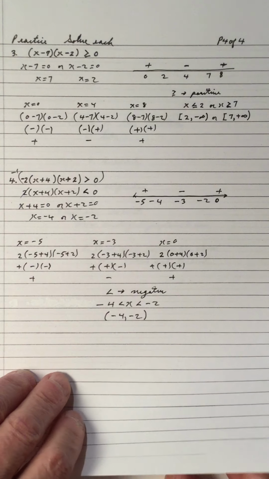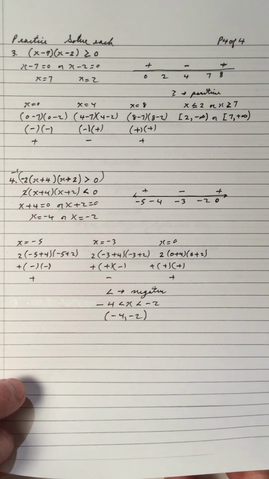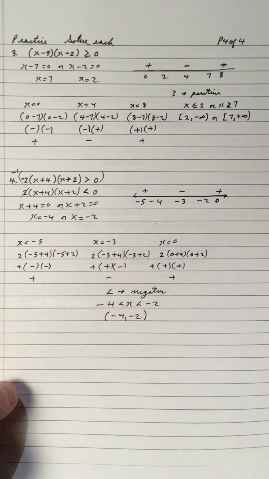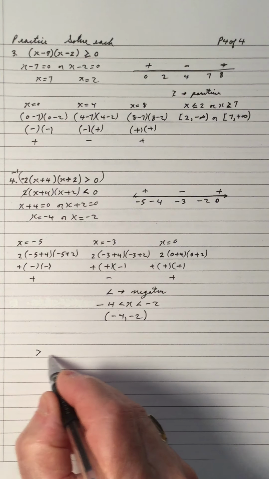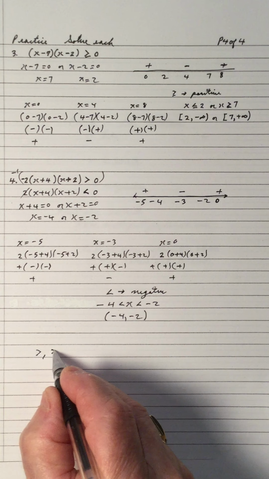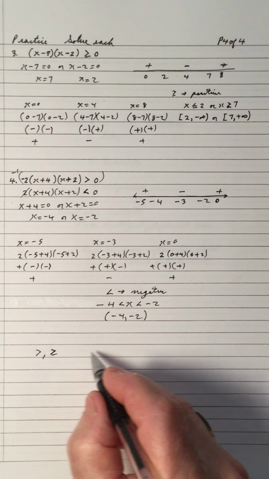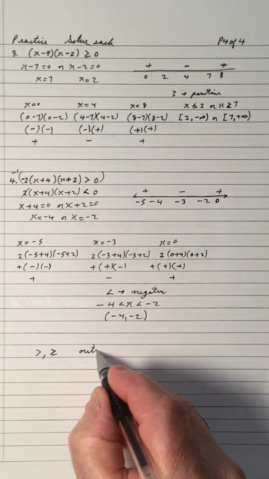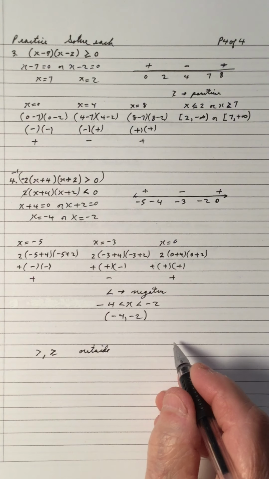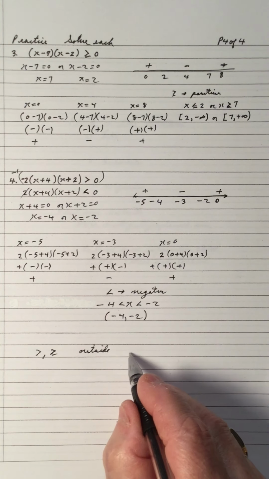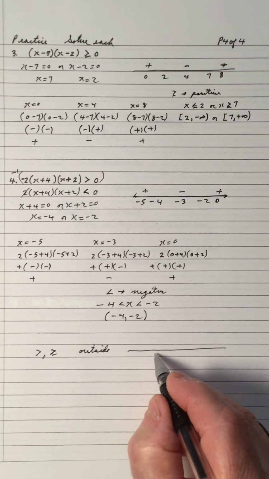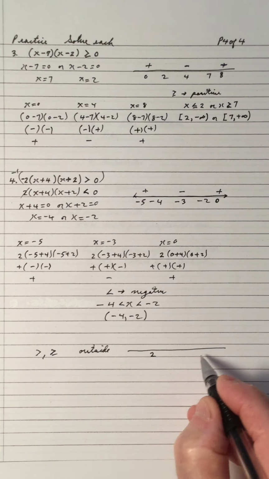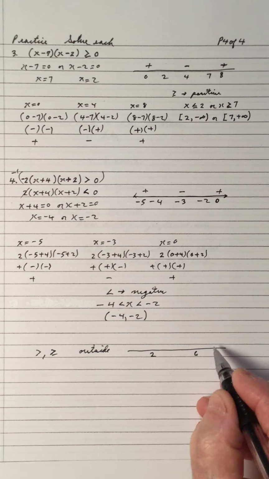So that's the video on solving quadratic inequalities. And just to summarize, if you have a greater than or greater than or equal to, remember you're on the outside. What I mean by that, let's just watch. Let's pretend you have a 2 and a 6.